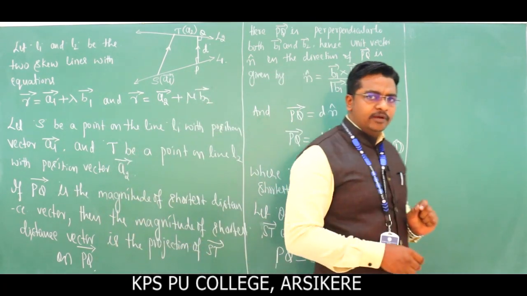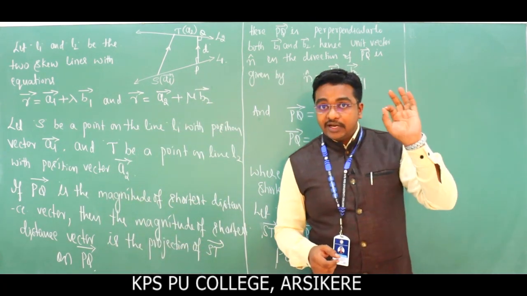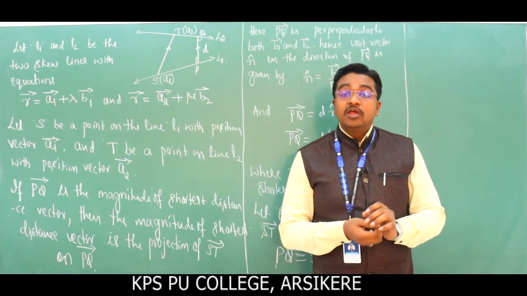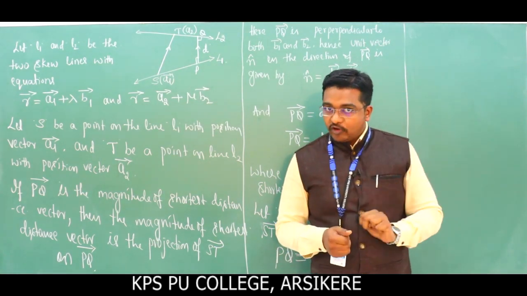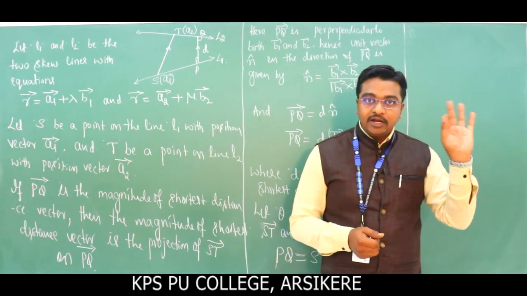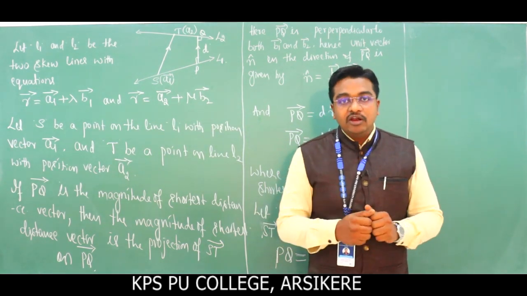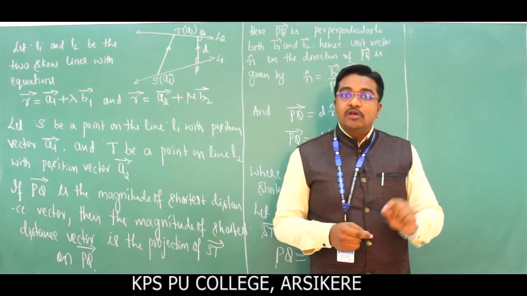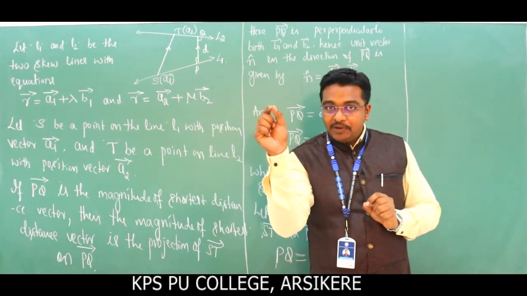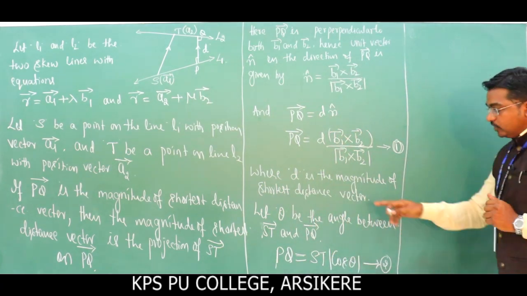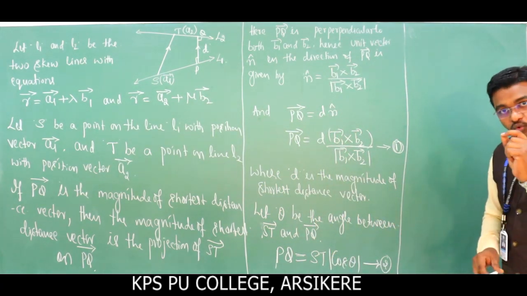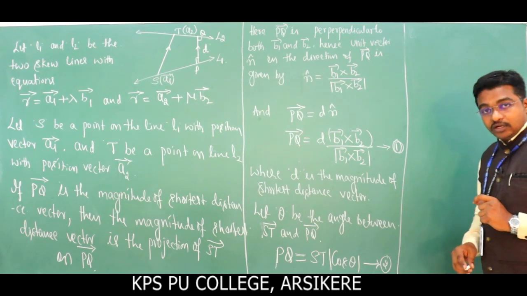Then just observe here. When we have two vectors, vector A and vector B, how do we find the angle between these two vectors? We have two formulas, one in terms of cos theta and one in terms of sin theta. Here we are using the formula for cos theta: cos theta is equal to A dot B divided by mod A into mod B. Here also theta is the angle between the two vectors, vector ST and vector PQ.